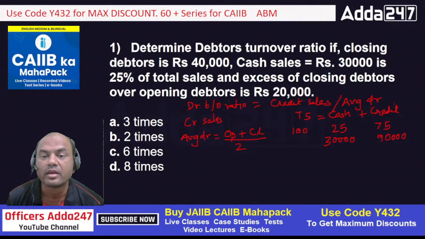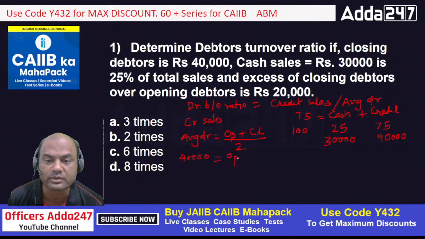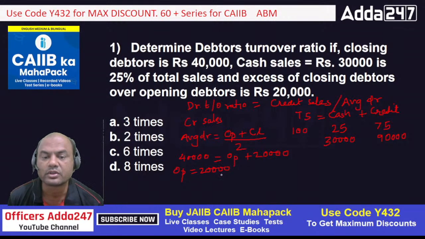Means closing, 40,000, equals opening plus 20,000, because closing is in excess. So opening becomes 20,000.